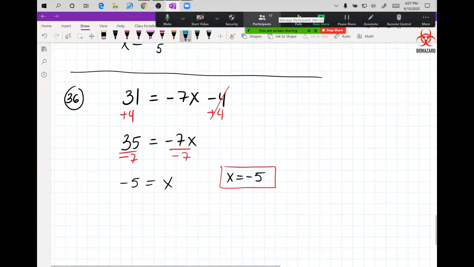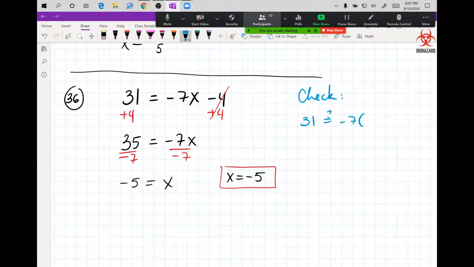And now, since I care, 31, is that the same as -7 times -5 minus 4? So 31, that's negative times negative is positive, 35 minus 4. 31 equals 31. Woohoo!